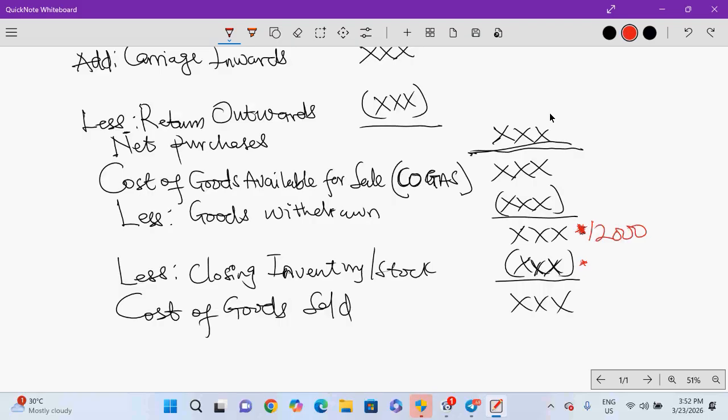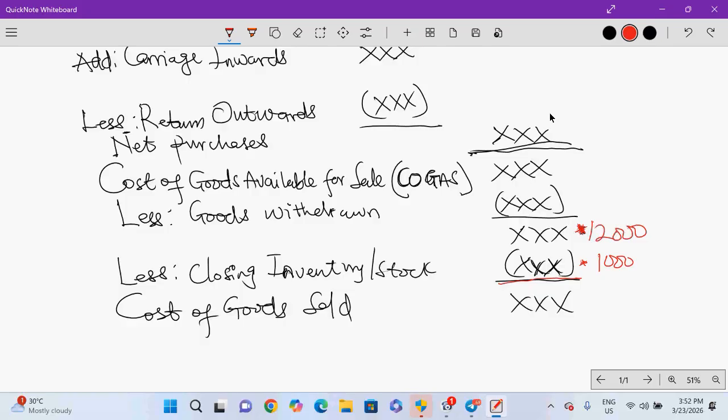After selling everything for the whole year, we're only left with 1,000. What is the difference? The difference will be 11,000.